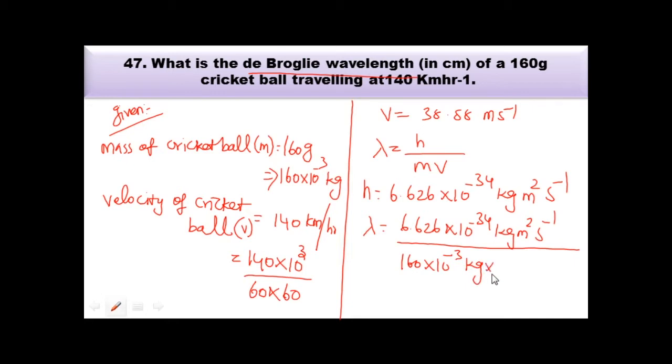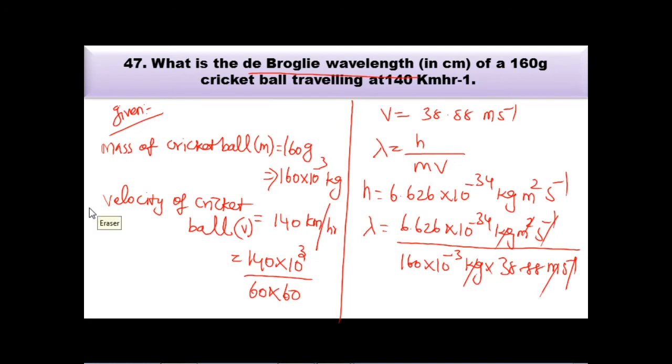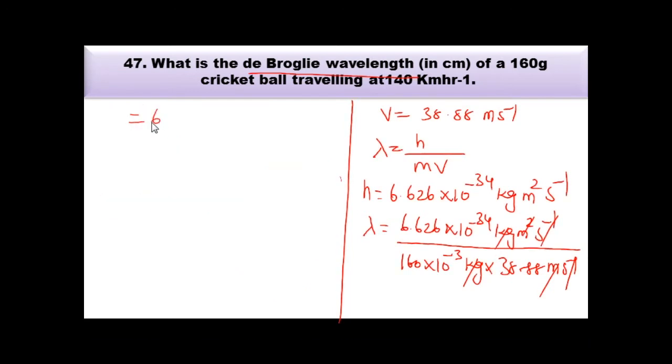And then what is the velocity? 38.88 meter second inverse. Second inverse cancels, meter cancels from the meter squared, kilogram also cancels. So 6.626 into 10 power minus 34 divided by 6220.8 into 10 power minus 3.